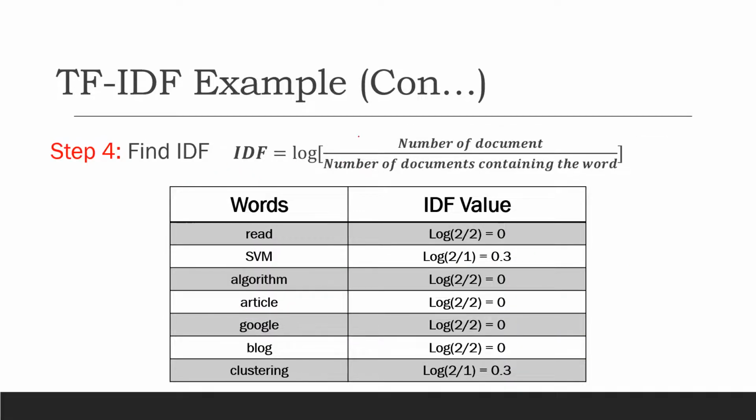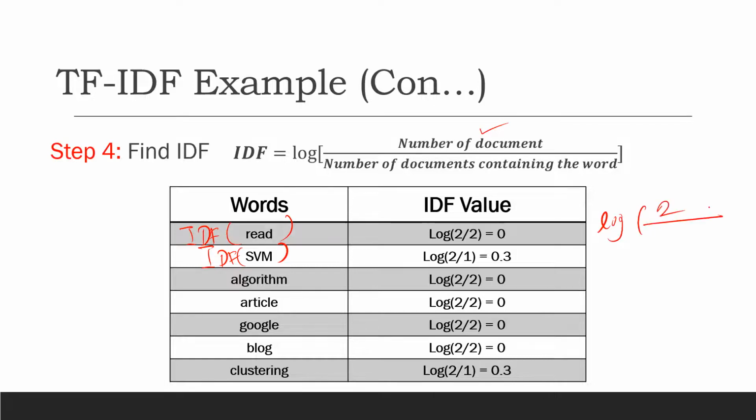To calculate the IDF value, I already know the equation is log of the number of documents divided by the number of documents that contain the word. So here I am calculating the IDF of read. Here also the IDF of support vector machine. We have a total of 2 documents.